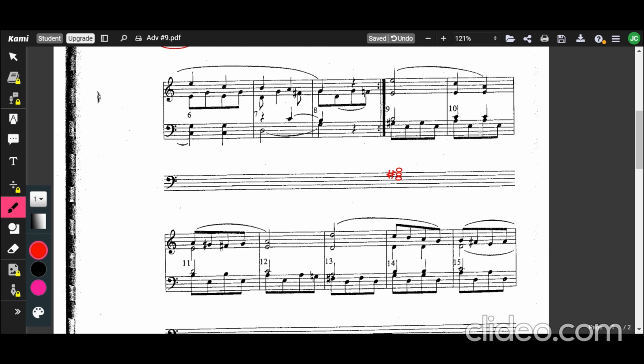For measure 10, we have an E in the bass again, and an A above that, and then a C above that. Above that, we just have an E, a C, and an A again. So nothing new there.